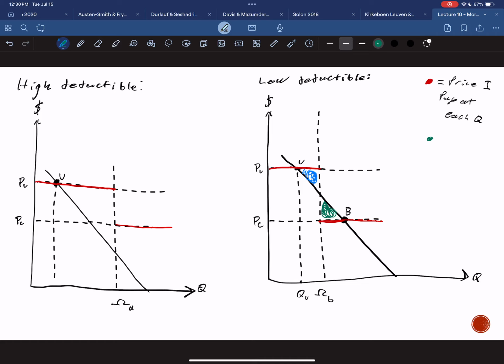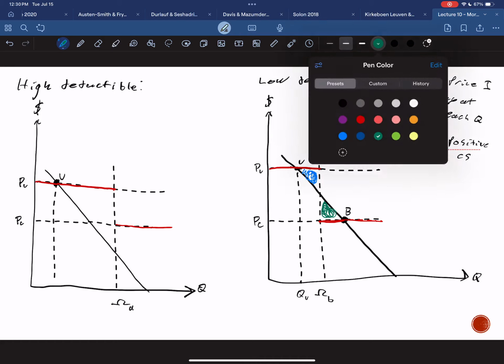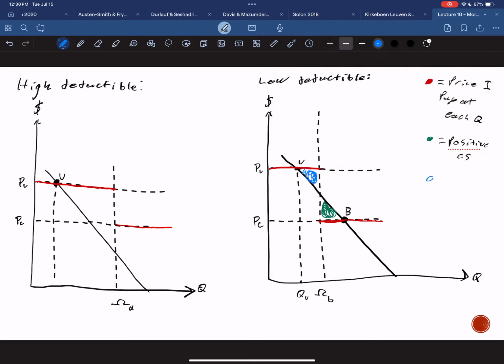Green equals positive consumer surplus. Blue equals negative consumer surplus.